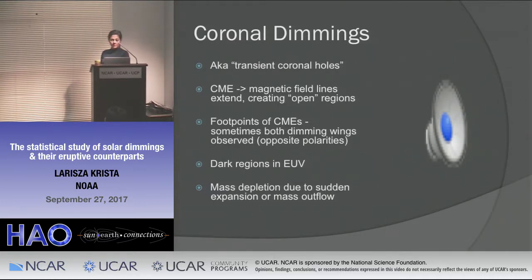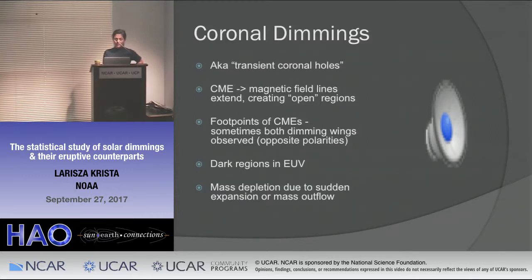So these dimmings or transient coronal holes are created through an eruption, where essentially if you have a coronal mass ejection, the magnetic field opens up temporarily, and this temporary open field is the dimming when you look at EUV images.